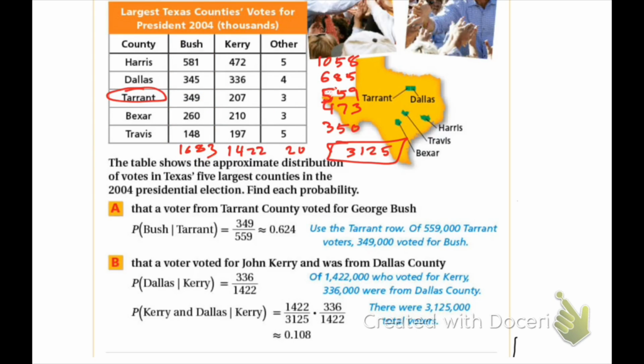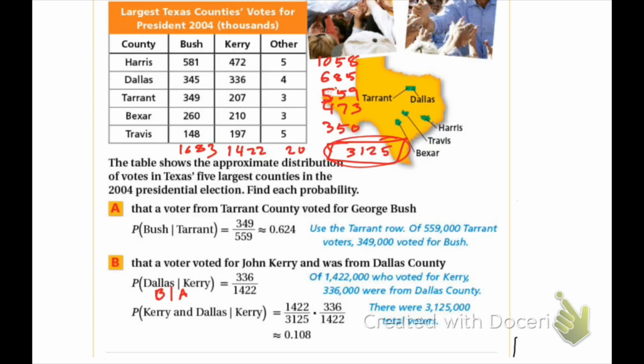Now let's look at example B. We're going to say that a voter voted for John Kerry and was from Dallas County. Notice that our total has changed because now we're looking at the total number of voters. Not only do they have to vote for John Kerry, but they also have to be from Dallas County. First let's calculate the probability that they're from Dallas County, given that they voted for John Kerry.